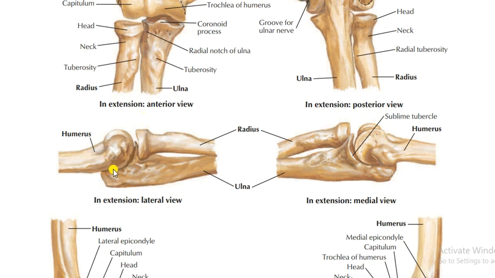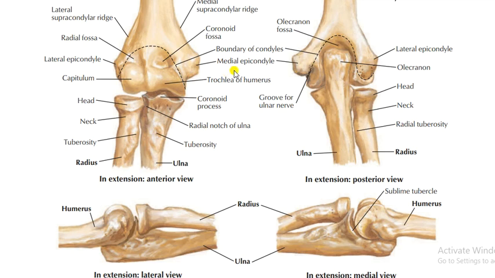As you can see over here, this is the ulna, this is the radius, this is the humerus. This is the olecranon, and this is the olecranon fossa.